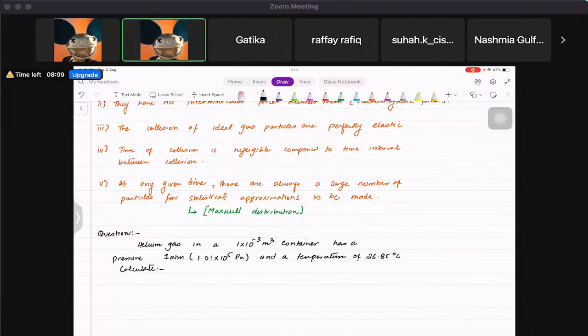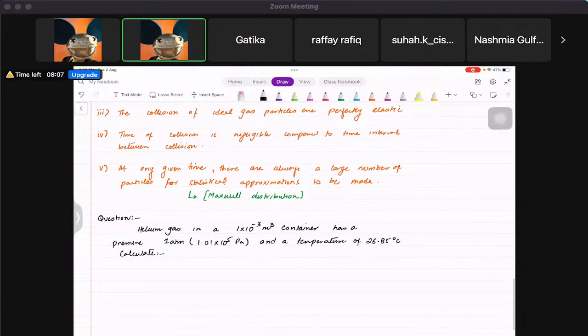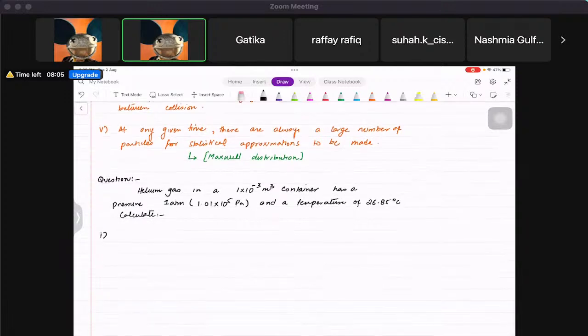Calculate: number 1, the total number of atoms present at this temperature.